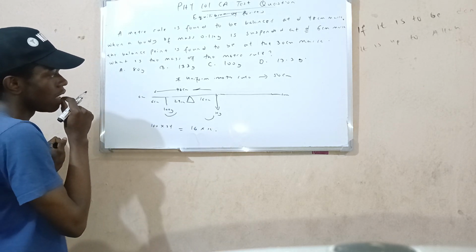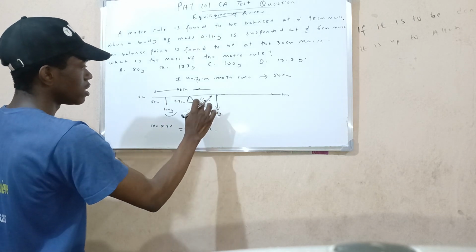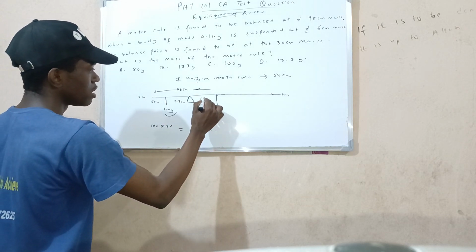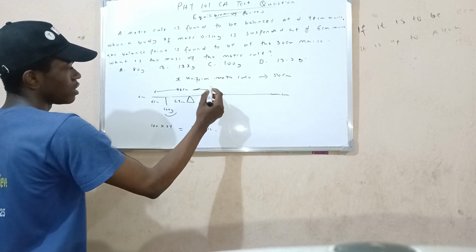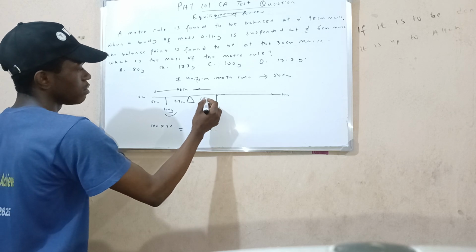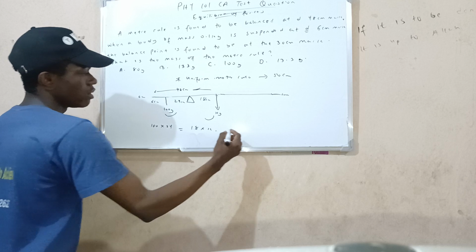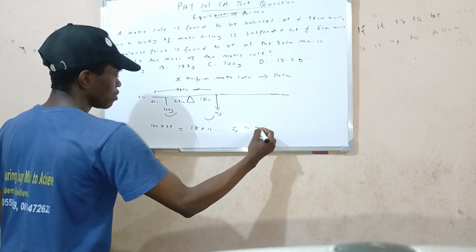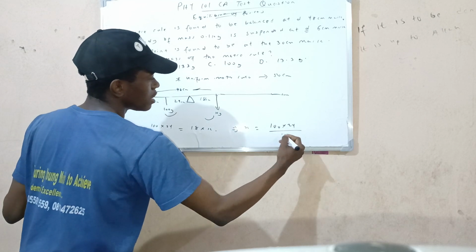Sorry, this one is 18, because I said from here to here is 30 and the whole thing here is 48, so from here to here should be 18 centimeter. So my x will be equal to 100 times 24 all over 18.